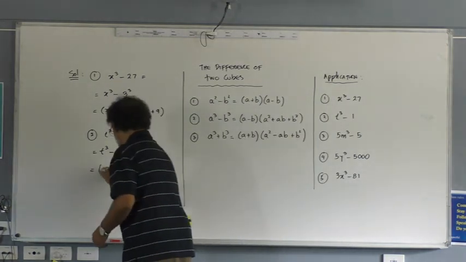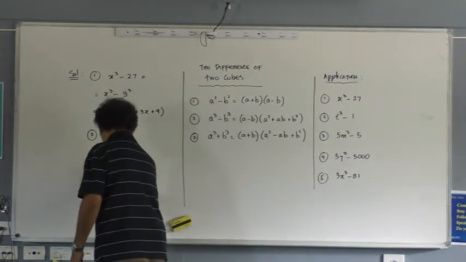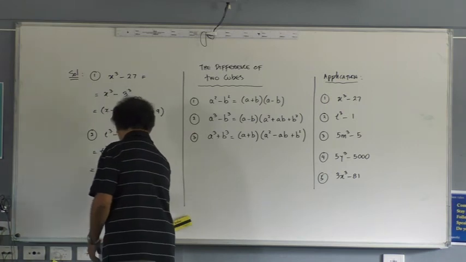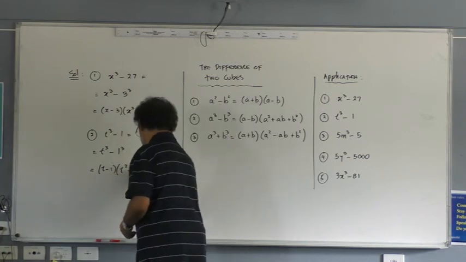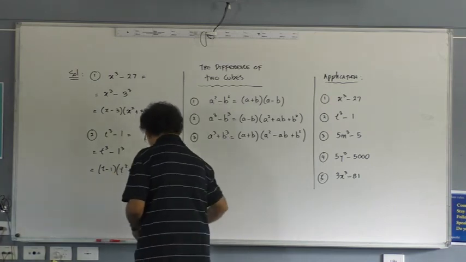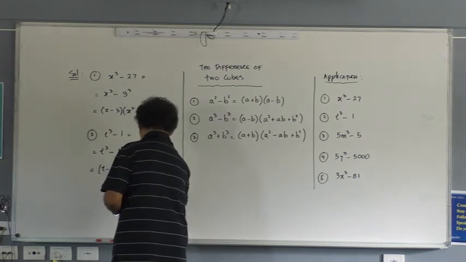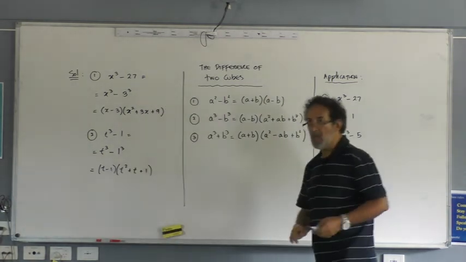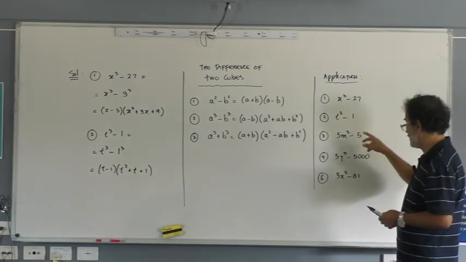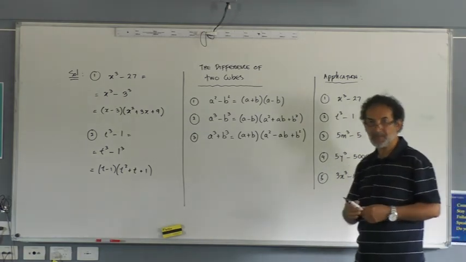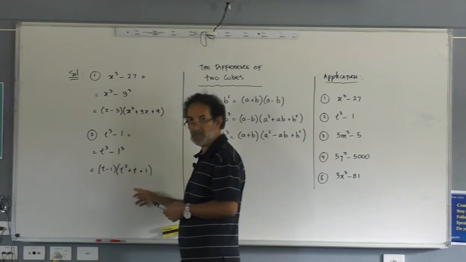Okay, and then again we're going to be using the second formula, so that will give you t minus 1 bracket t squared, and then we multiply these two, so it's going to be plus t and then plus 1 squared. That's it. All right, quickly do question 3 and 4. Yes? Just quickly, you can simplify that more, can't you? Oh, no, you can't. No, unfortunately, we cannot simplify this anymore.